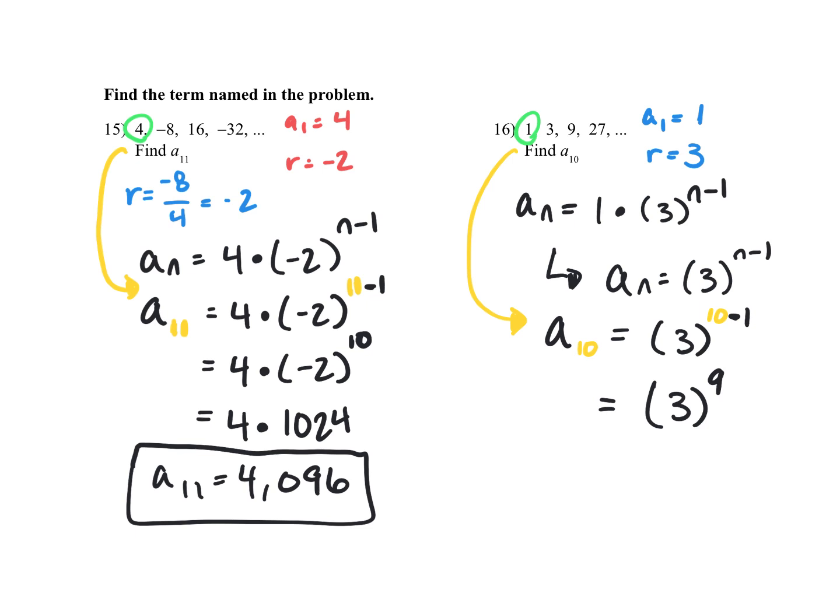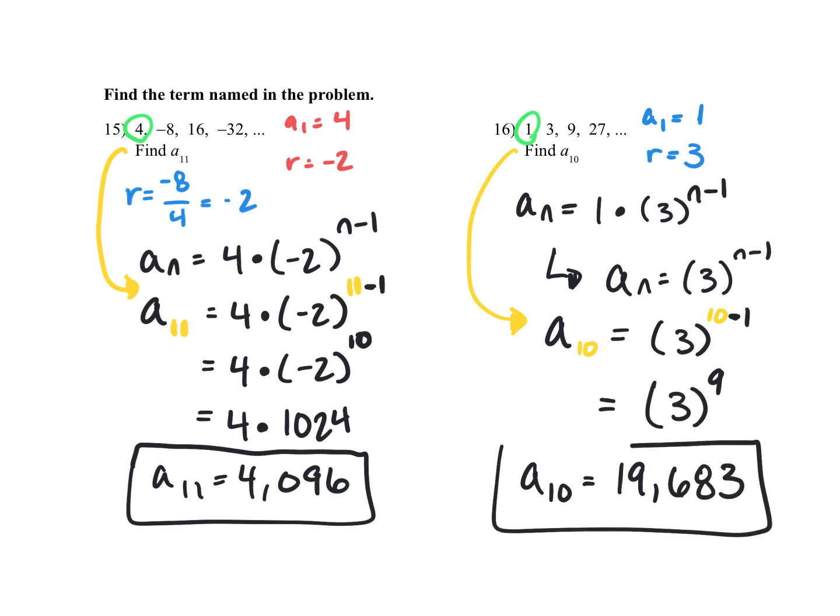And then if I plug that into my calculator, I end up figuring out that the 10th term is 19,683. So notice with geometric sequences, you tend to think that your numbers will be bigger. Okay? All right, what I'm going to do now is pass out to you your practice sheet and give you some time to work. Ready, set, go.